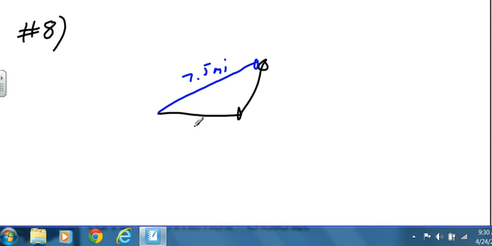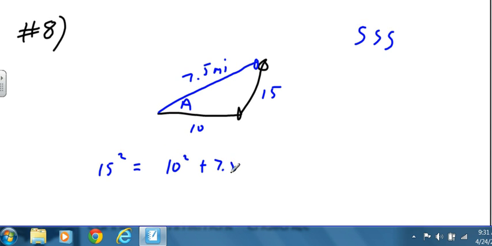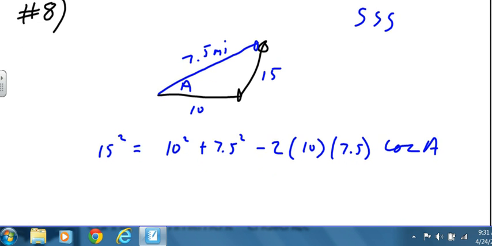So if one of these guys is 10 and the other guy is 15 and the resultant here is 7.5, then what is this angle here, A? Well, I have a triangle side, side, side, so that means I'm using the law of cosines, right? So 15 squared is equal to 10 squared plus 7.5 squared minus 2 times 10 times 7.5 times the cosine of A. All right.